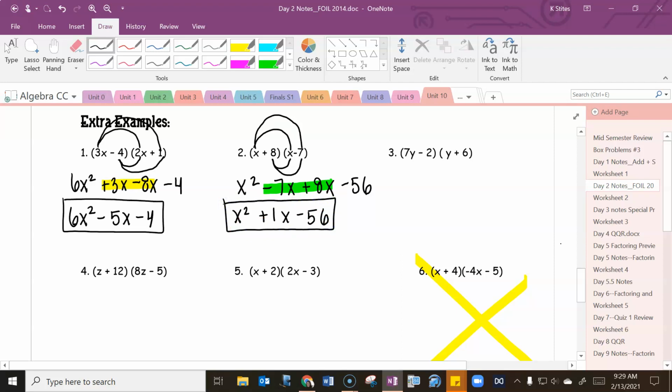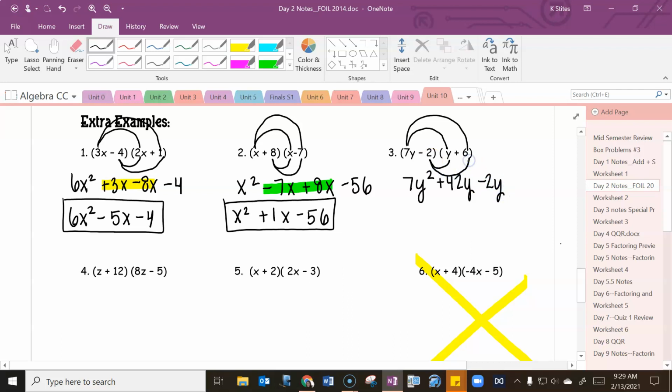Okay, here we go again. First, 7y times y, 7y squared. Outer, 7y times 6, 42y. Inner, negative 2 times y is negative 2y.